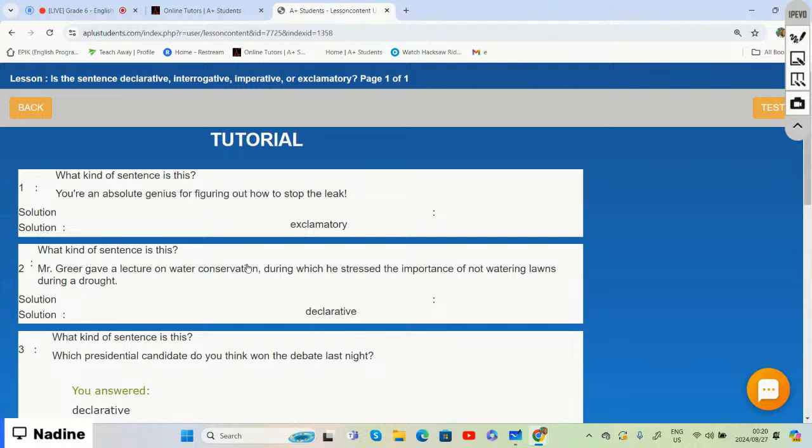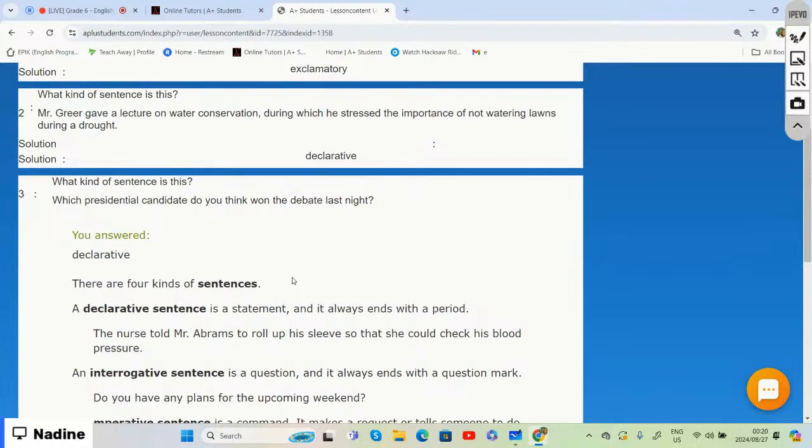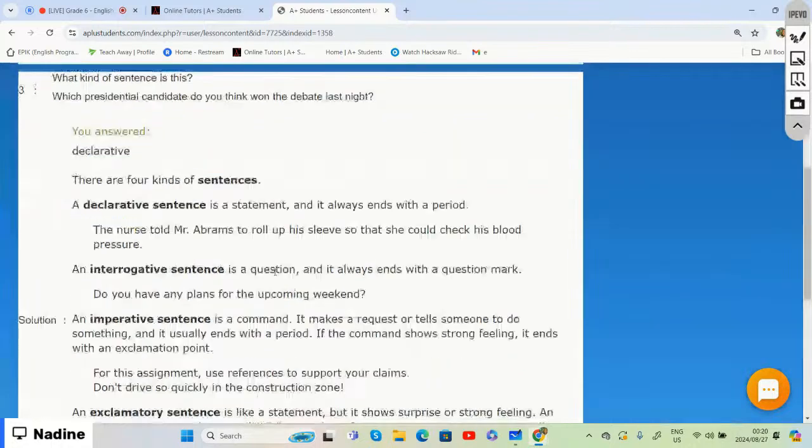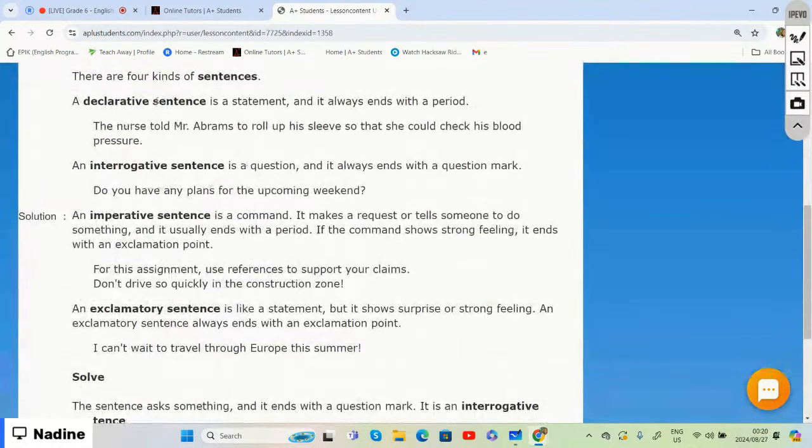All right. So now we are going to look at, once again, our four kinds of sentences. We said that we have a declarative sentence, which is a statement and it ends with a period. Then we have an interrogative sentence, which is a question, and it always ends with a question mark.